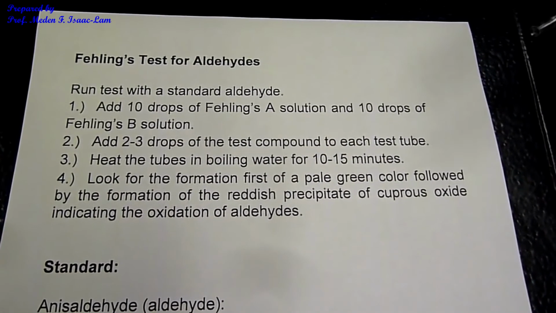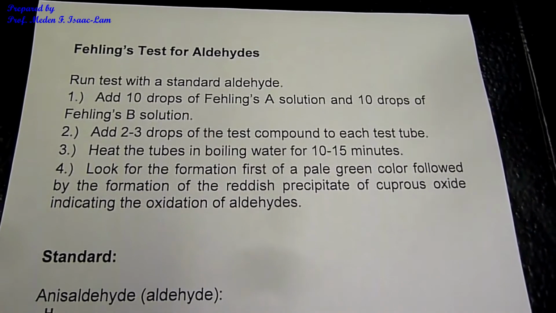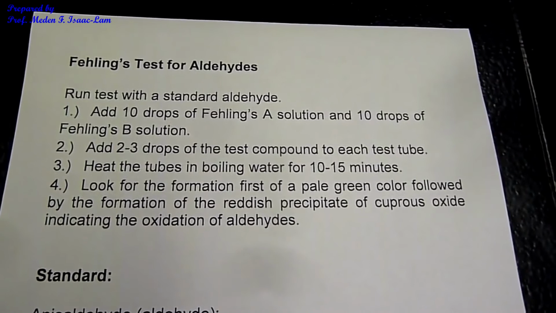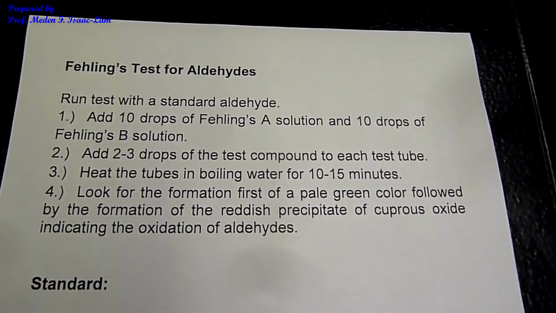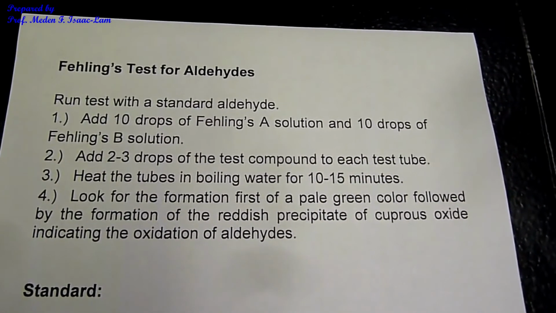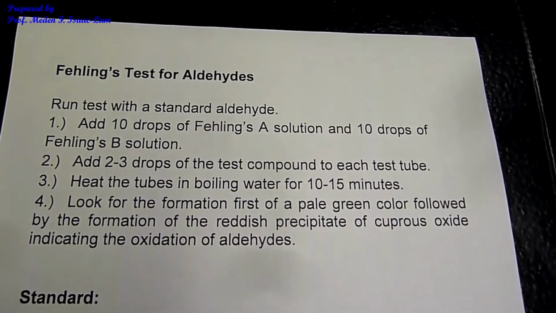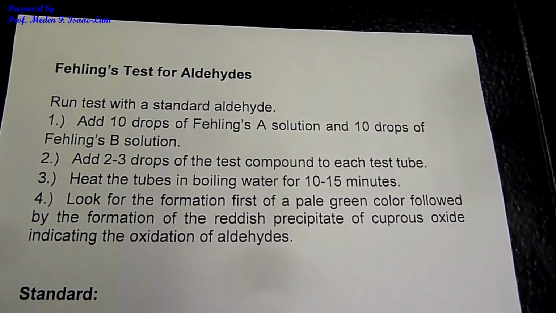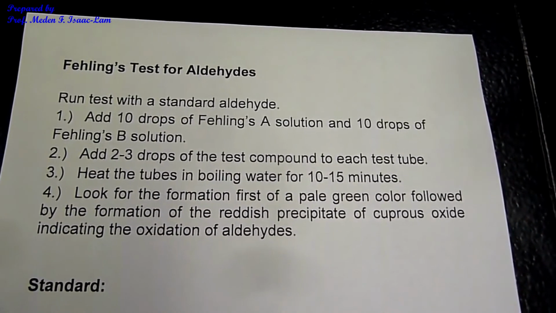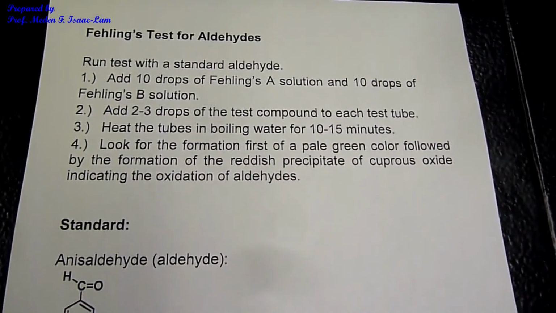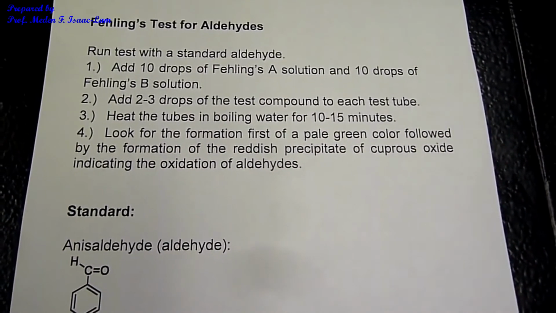And then we heat the tubes to boiling for about 10 or 15 minutes. We are looking for the formation first of a pale green color, followed by a reddish precipitate of cuprous oxide. The copper was reduced from copper(II) to copper(I), and that copper(I) is red in color, which indicates the presence of an aldehyde.